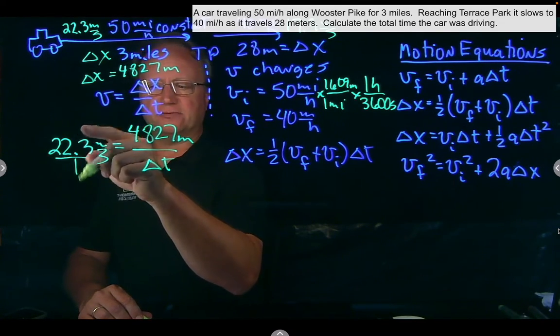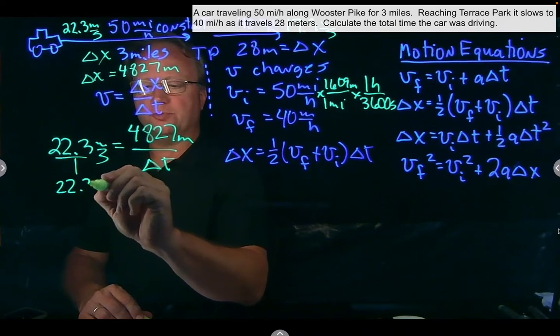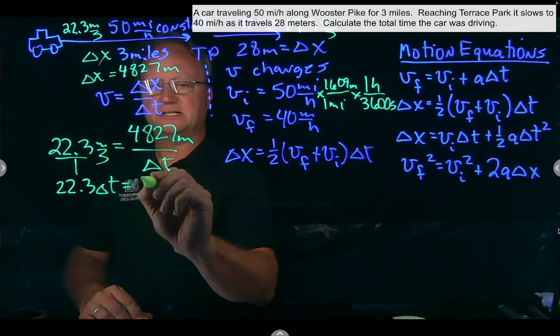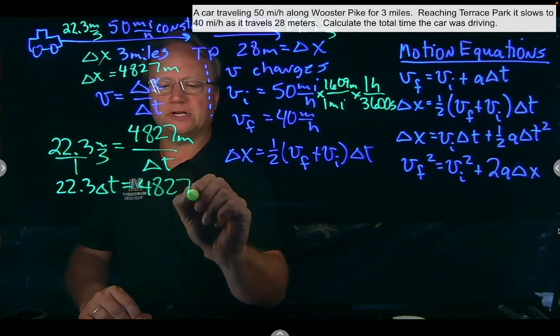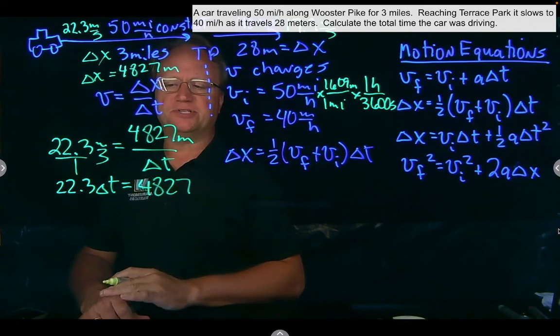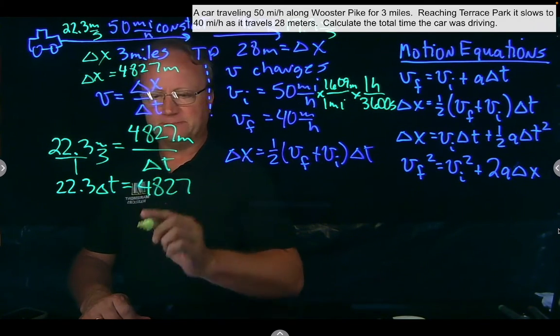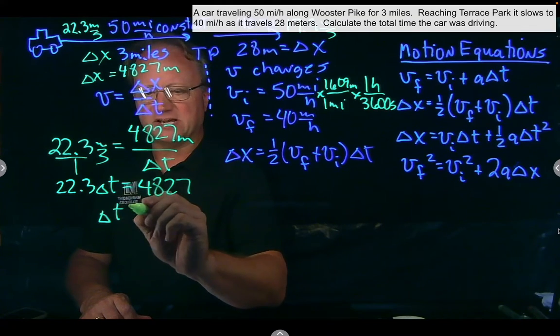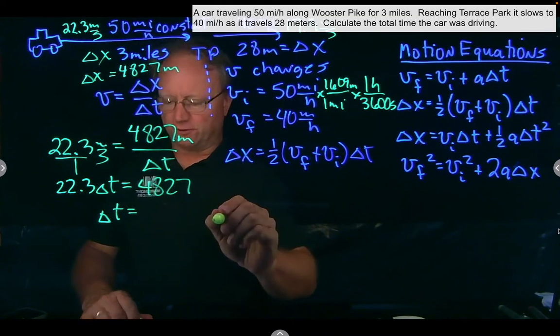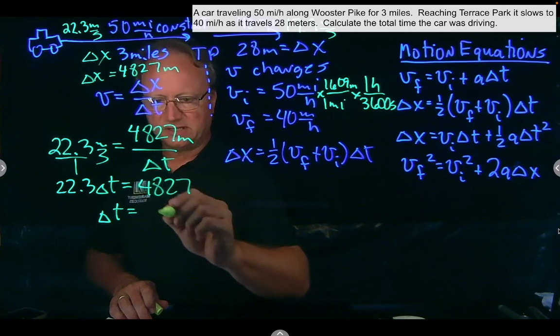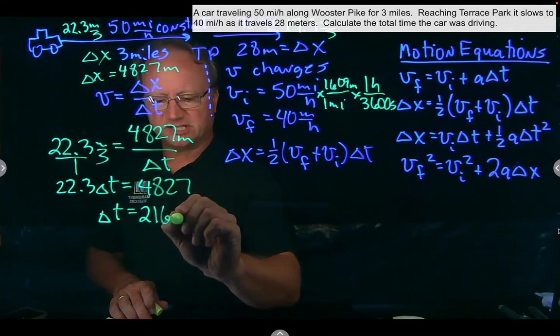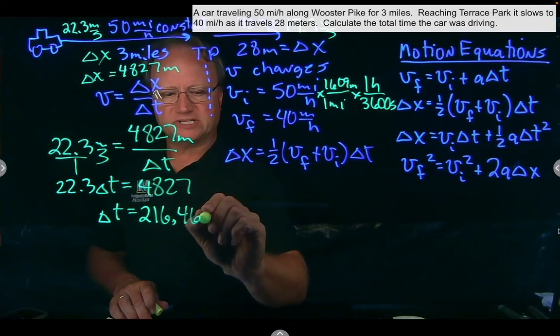Multiply the delta t over. That'll be 22.3 delta t is equal to 4827, and then divide both sides by 22.3. That's going to give us a time interval for our first part of the motion of 216.46 seconds.